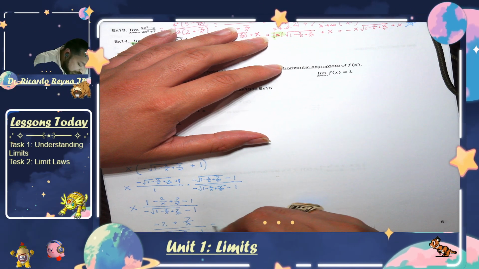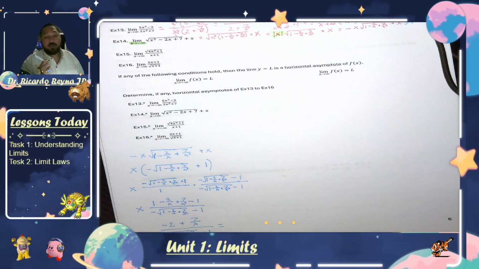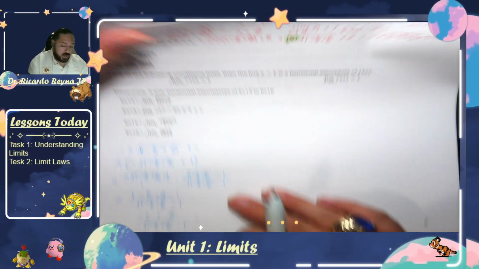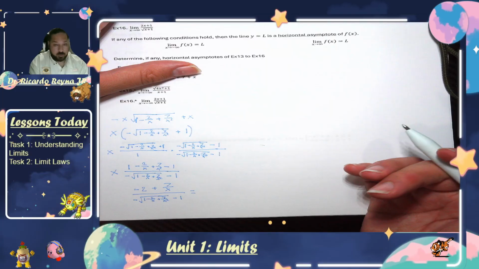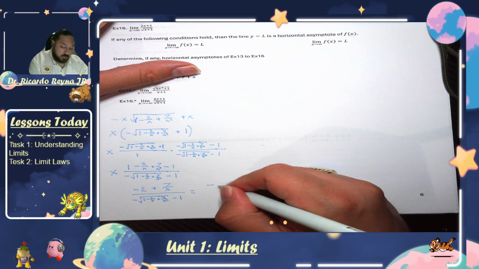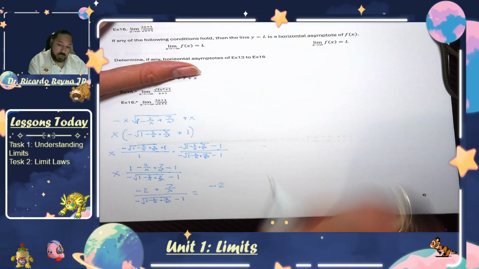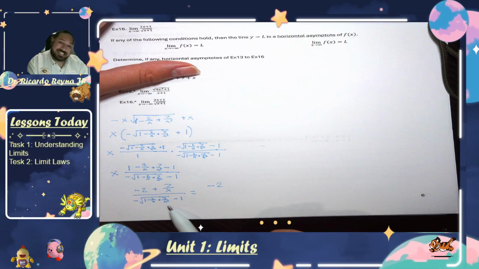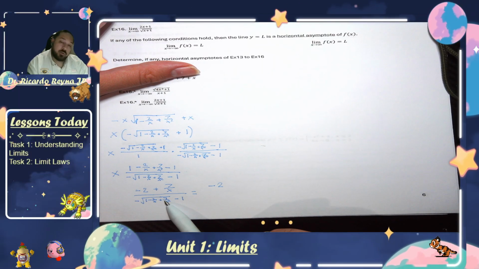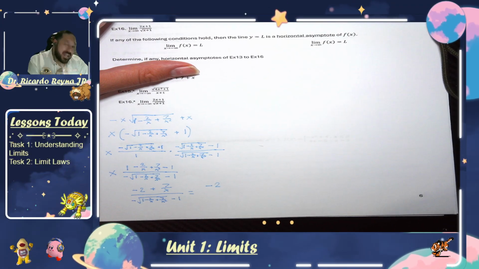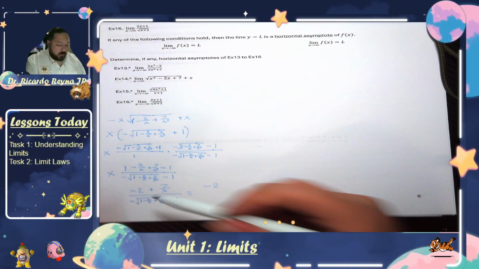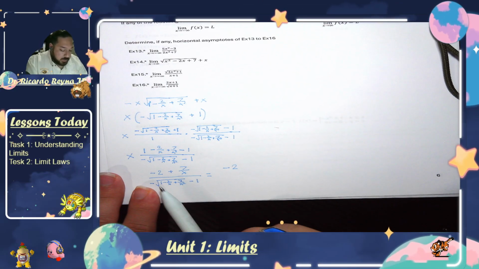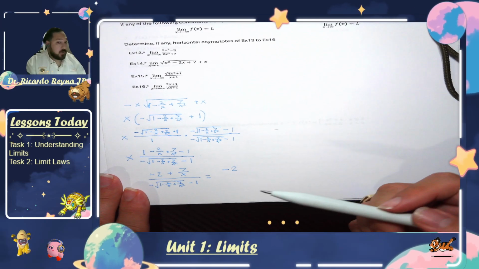Now, this is where that composite limit rule I told you about is going to come into play. Because for the top part, I can already evaluate the limit of the top part. That top part's limit is going to be -2. But the bottom part, the limit doesn't exactly escape into the square root. But technically, if we were to just take out the square root mentally, we can see that the limit of the inside will just be 1.